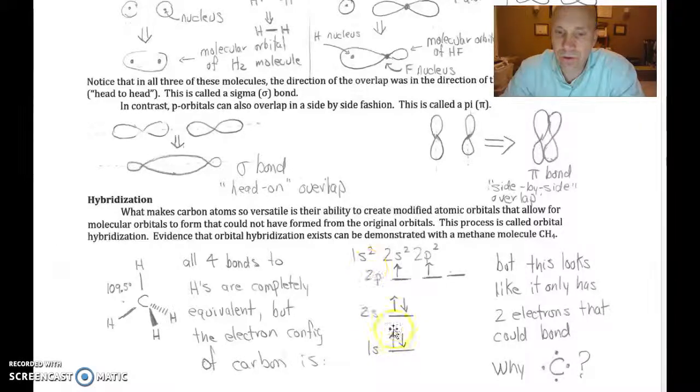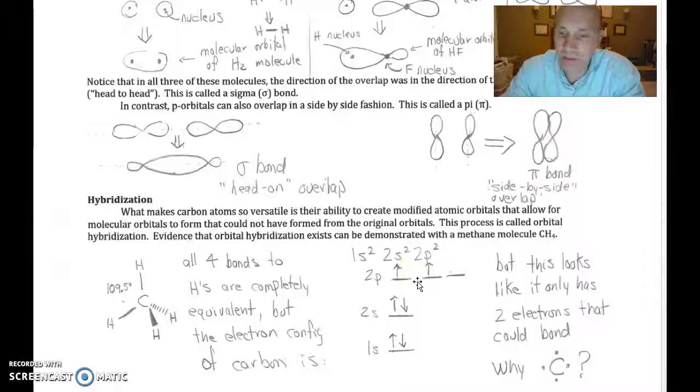We could show 2 electrons in the 1s orbital. Again, they would have different spins, represented by the different directions of the arrows. And then we get to this 2p level, and we have 2 electrons in different p orbitals, and they're both spinning in the same direction.